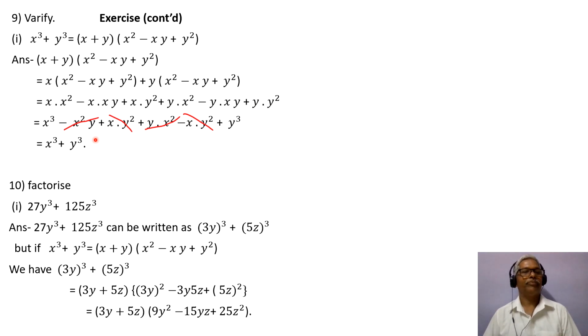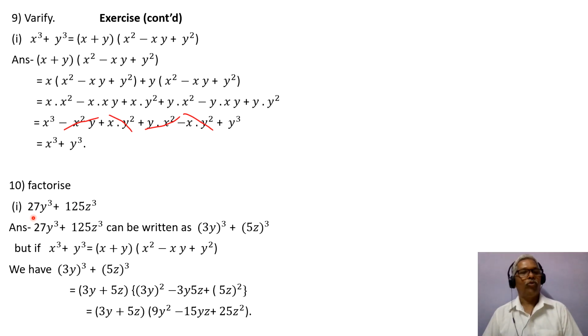Very simple. So minus x square y and plus yx square cancels, and plus xy square minus xy square both cancel, and we are left with x cube plus y cube, which is same as left hand side. This is verified.